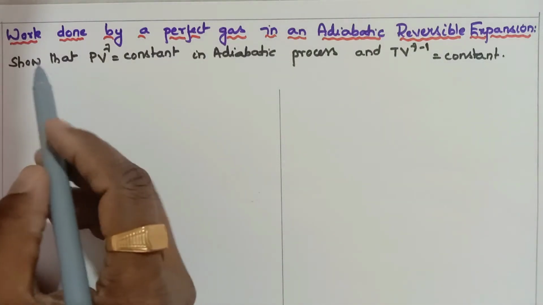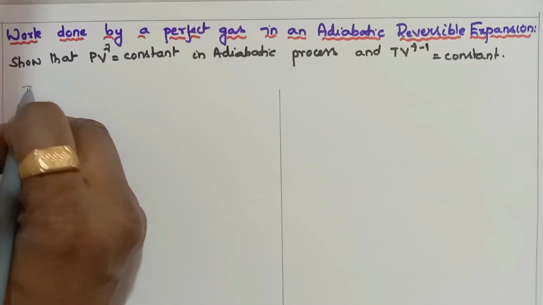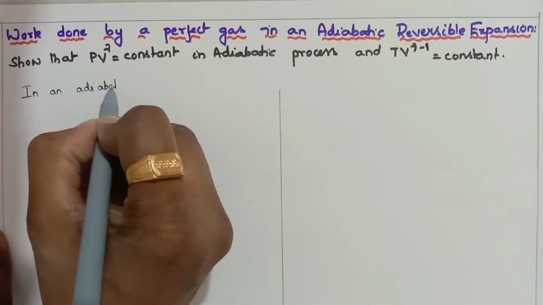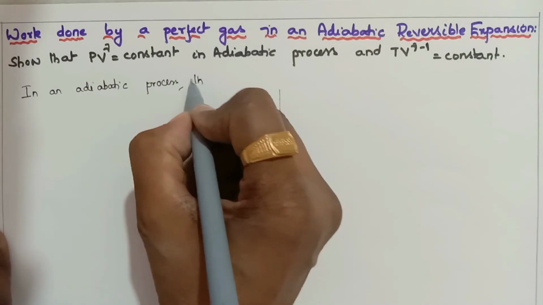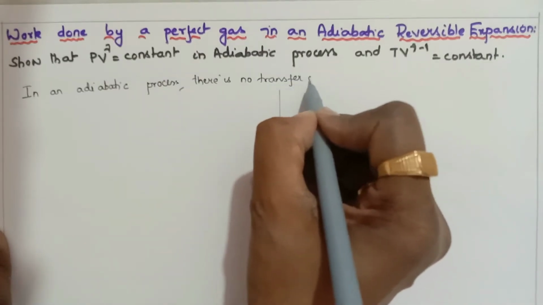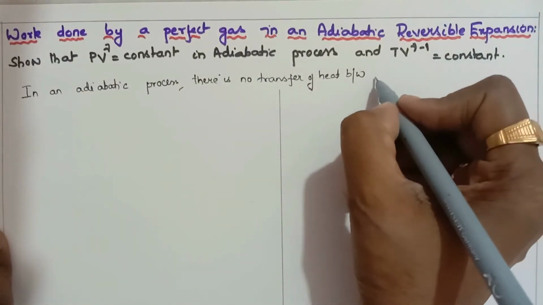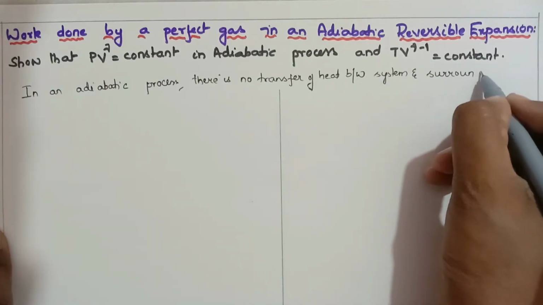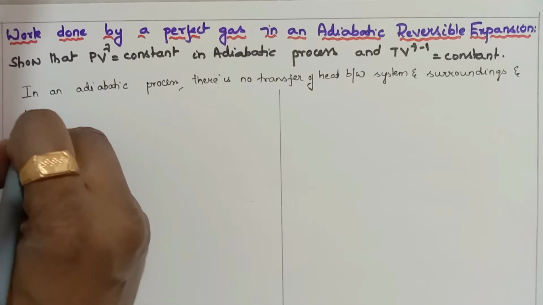So kindly take your notebook, put the side heading like this, and to start with, here you write down, students, in an adiabatic process, there is no transfer of heat between system and surroundings, and vice versa, surroundings and system.